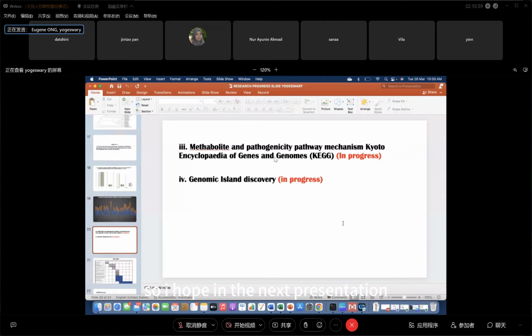I hope in the next presentation, you can tie all of them together, because you are just showing the individual results, but we cannot fully understand what it all means. Okay, doctor. So I need to summarize all the results that I get, right, doctor? Yes, you need to summarize all of the results and connect all of them together, because you're giving a global genomic analysis on all these strains. Okay, doctor.